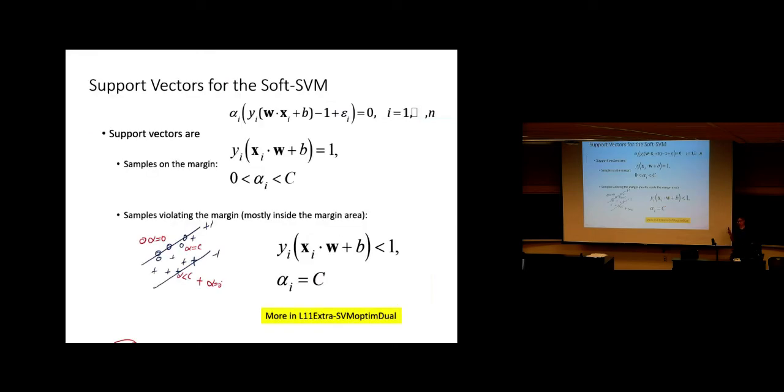Okay, now let's see the support vector for the soft SVM case. It's a little bit more complicated than the hard case.